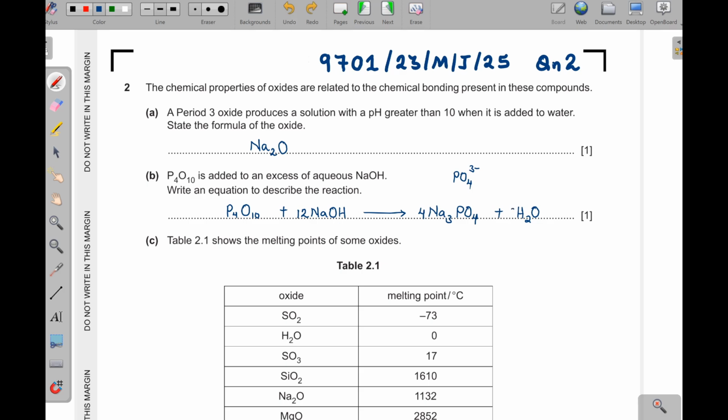So if I put 6 here, hydrogen will be 12. Then how about oxygen? Is it balanced? This is 6, then plus the 16, that will be 22. Not so? 22. So here we have 12 for oxygen, and then plus the 10, that will be 22. So balanced, it will be like that.